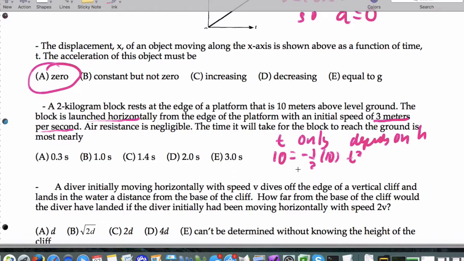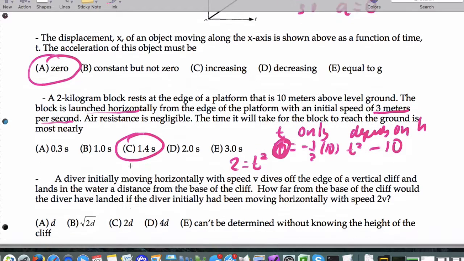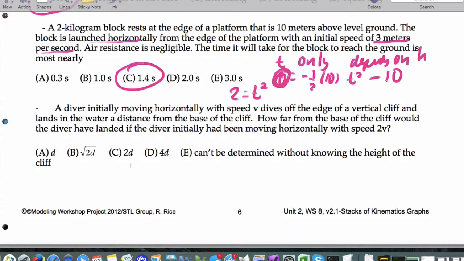So we could say 0 is the final position, and we could put a -10 here. So we end up getting 2 is t squared. T is 1.4 seconds.